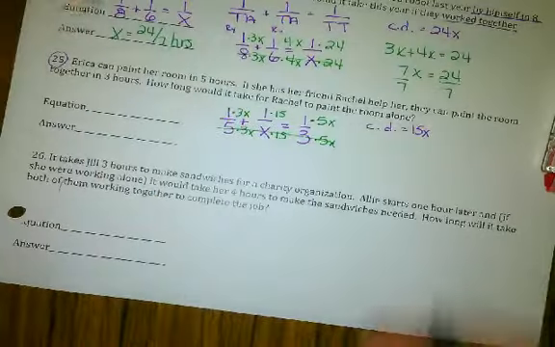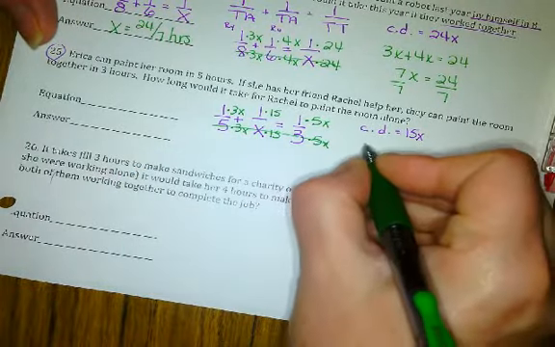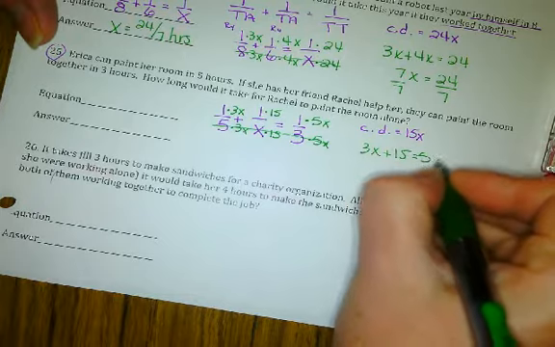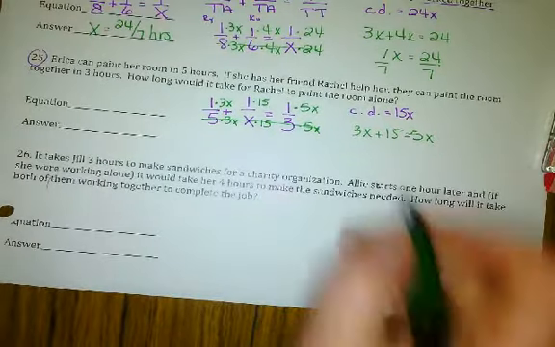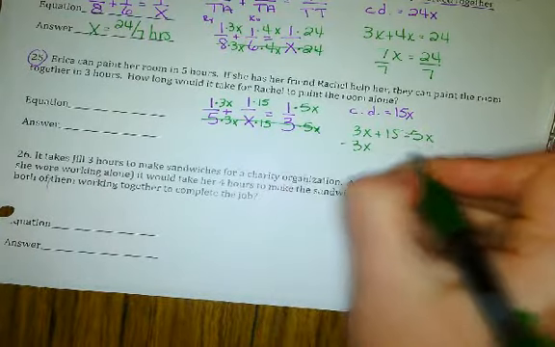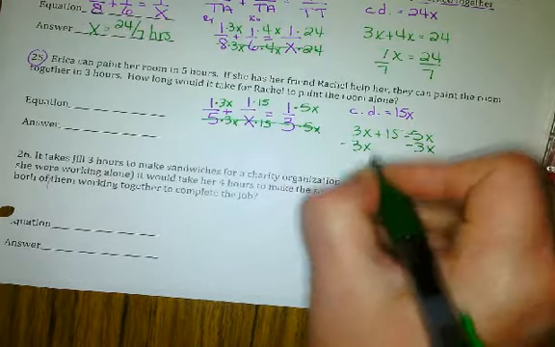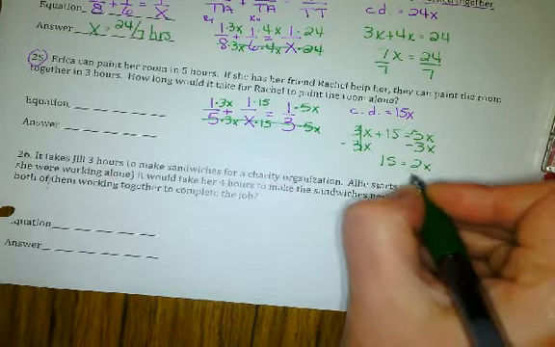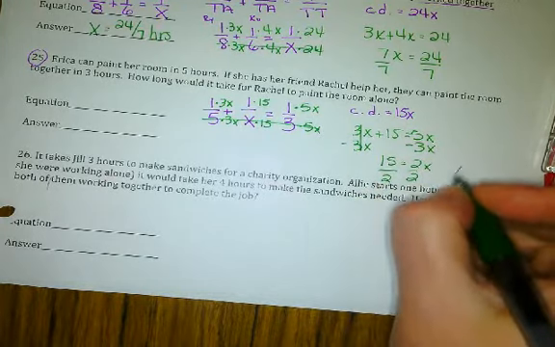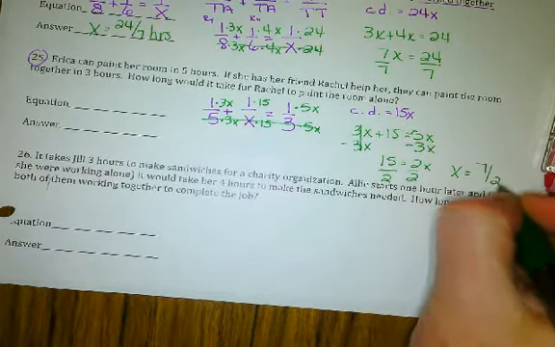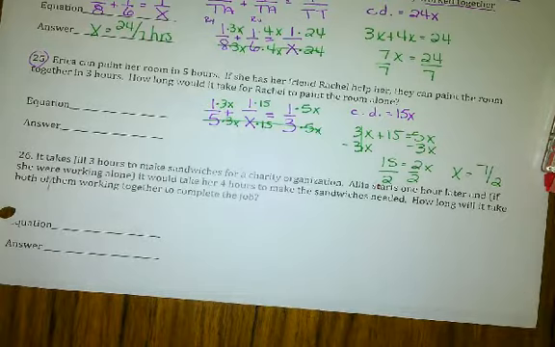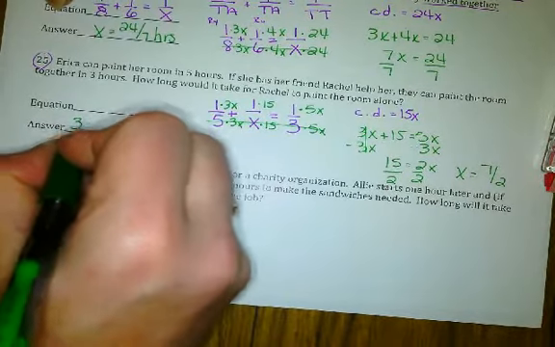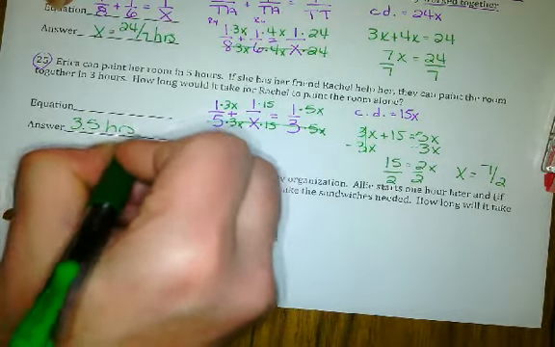Okay, so what I now have left is 3x plus 15 equals 5x, and then I'm just going to start solving. So minus 3x, 15 equals 2x, and then divide by 2, so x equals 7 over 2, or 3.5 hours.